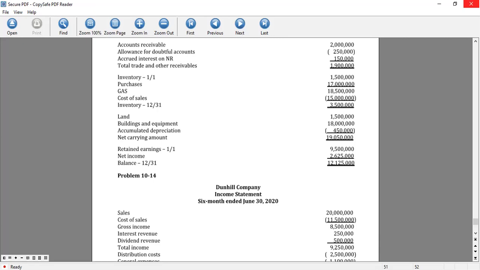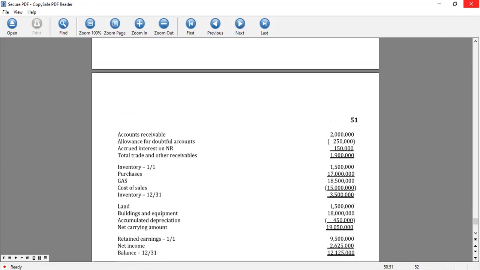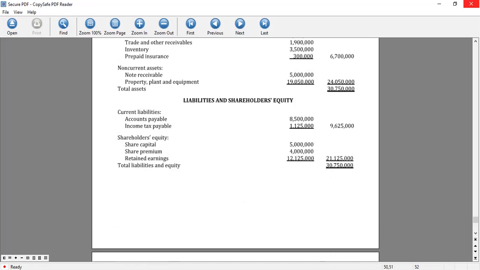So retained earnings add net income for the period. So the retained earnings end is equal to 12,125,000. The total of liabilities and equity equals the total assets.